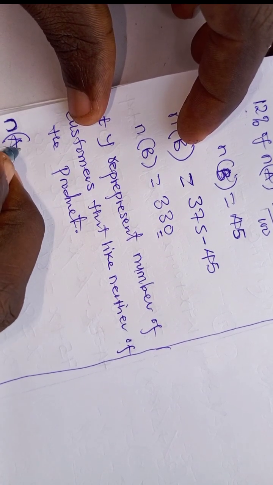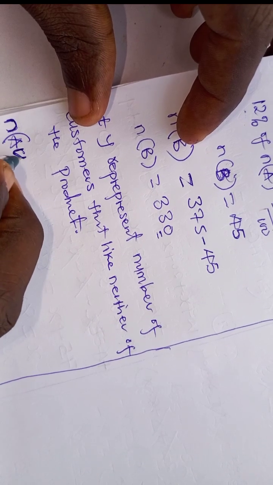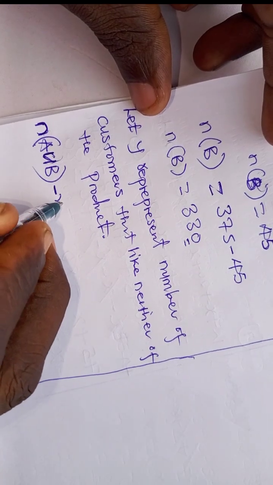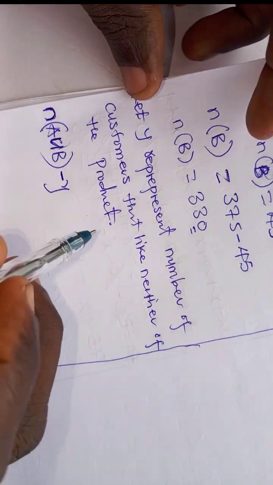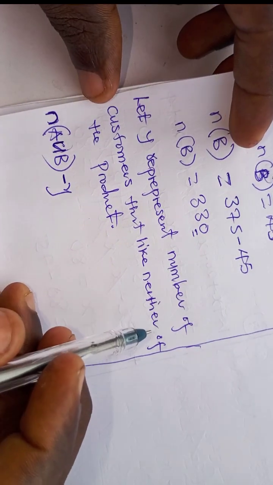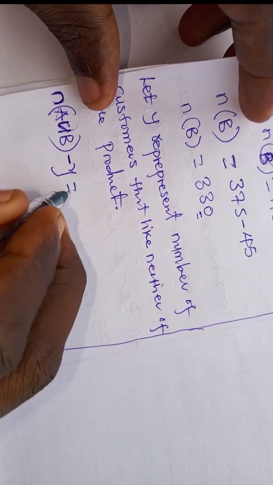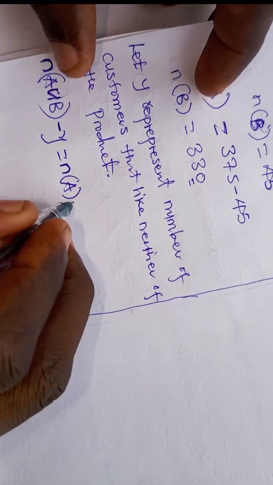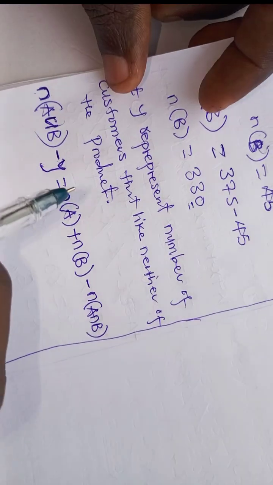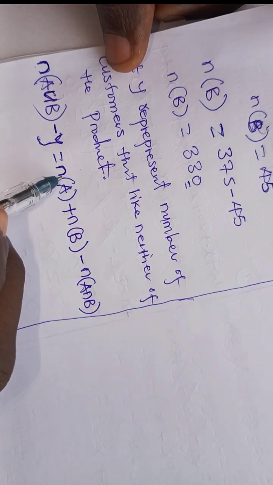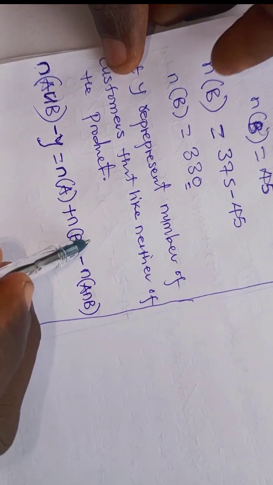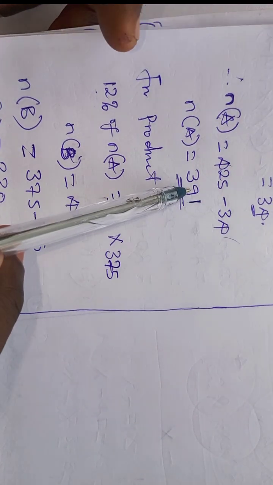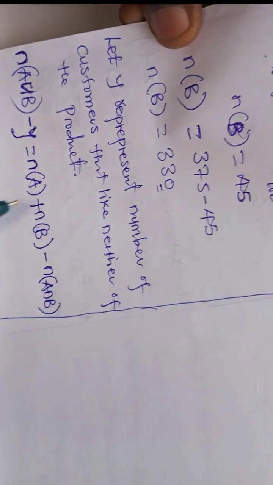The number of A union B, which is the universal set, minus Y, which we've represented as the number of customers that like neither of these products, will be equal to the number of customers that like product A plus the number of customers that like product B, which we've gotten after they've been reduced by several percent.